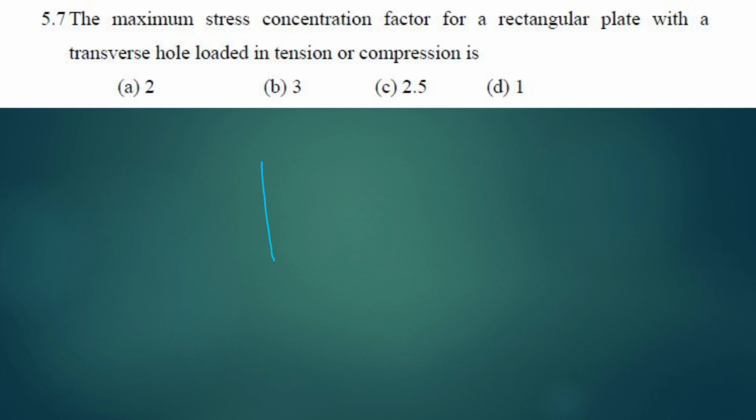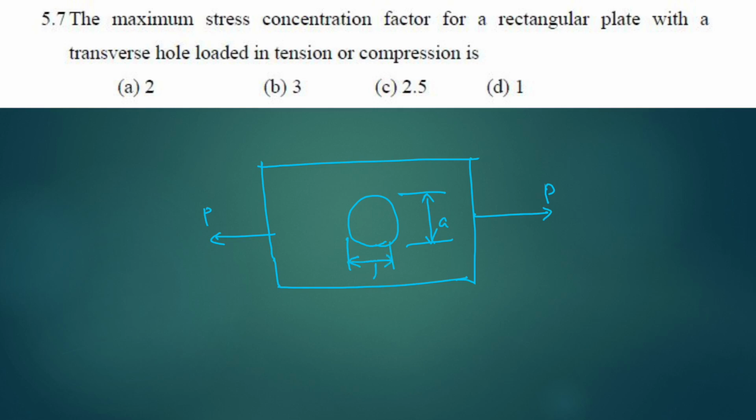Here a hole is there, and if you apply load P in this direction, this dimension is A and this side is B. Stress concentration Kt is 1 plus 2 into A by B. Here A and B are both the same, so 1 plus 2, 3. Answer is 3.